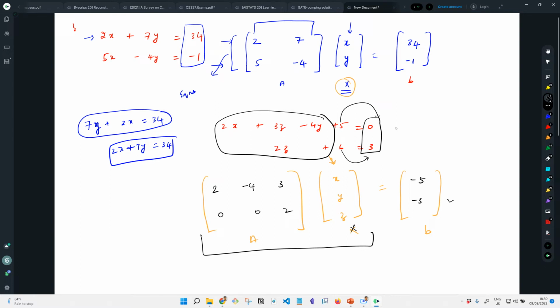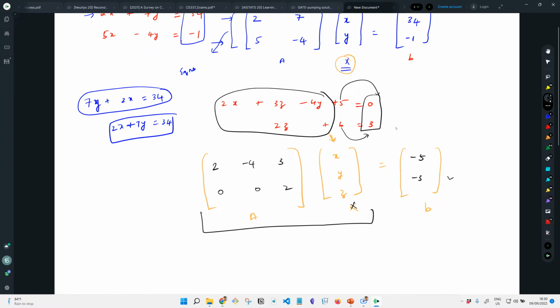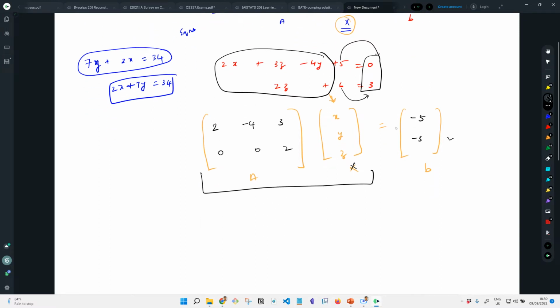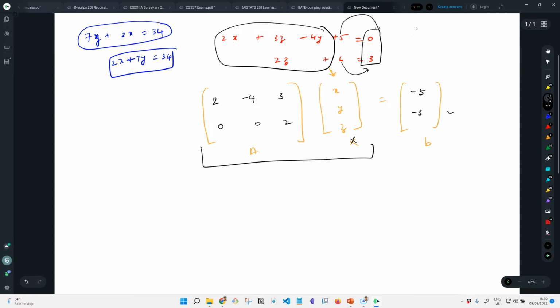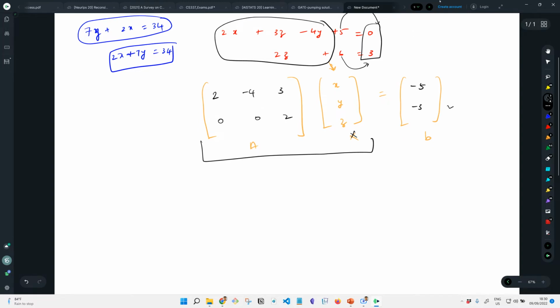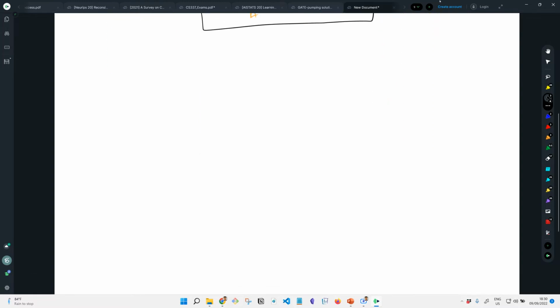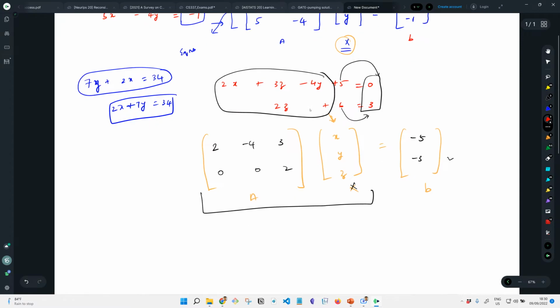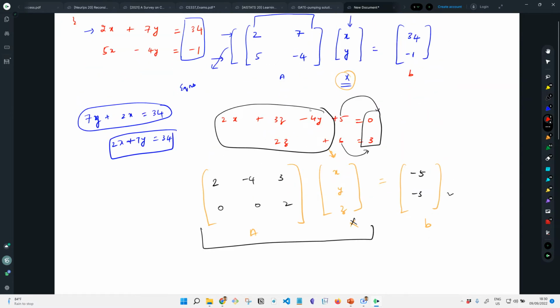Now we'll see what we mean by solving a system of equations. So from now on, I'll take only the matrix format of the previous system. So basically, you have a matrix equation here, right?